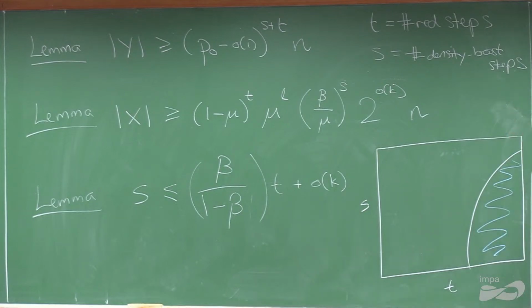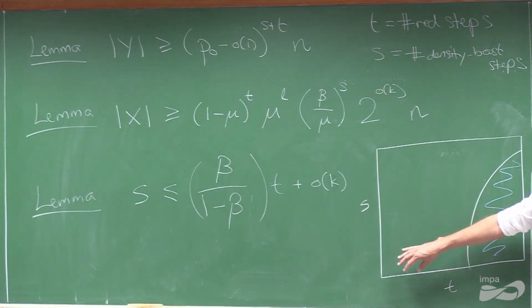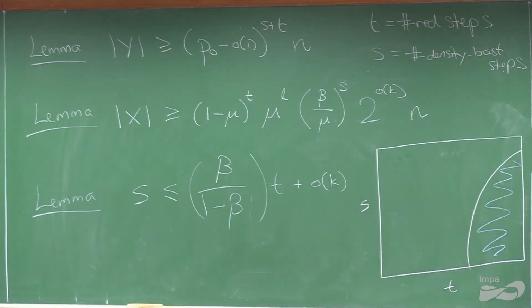Okay. So you know you're going to end over here somewhere, right? But you don't know where. The enemy chooses. And then you can also draw, so the smaller t is, and the bigger s is, the worse it is for you in trying to beat this guy.